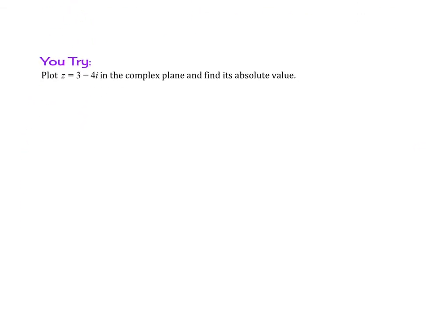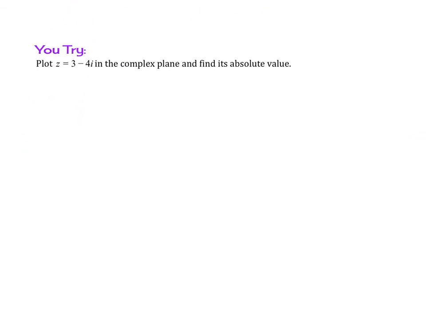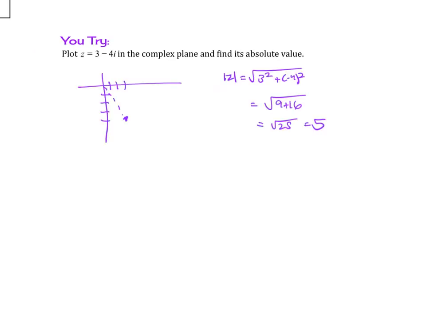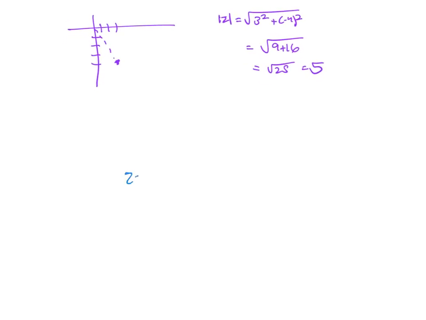So try this example. Plot z equals 3 - 4i in the complex plane, and then find its absolute value. If you tried this out, you should have gotten this graph, and then you should have found that the distance is 5. So the complex number z equals a plus bi can be represented by the vector u equals (a, b) in component form.